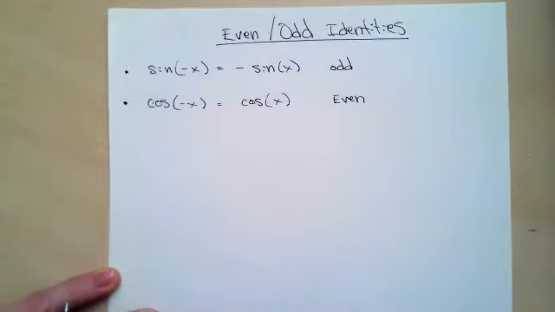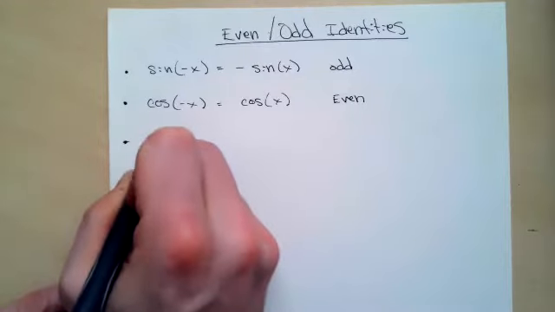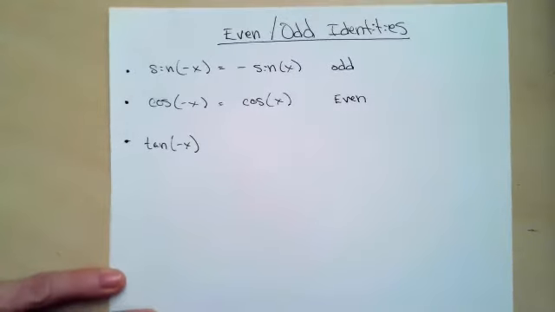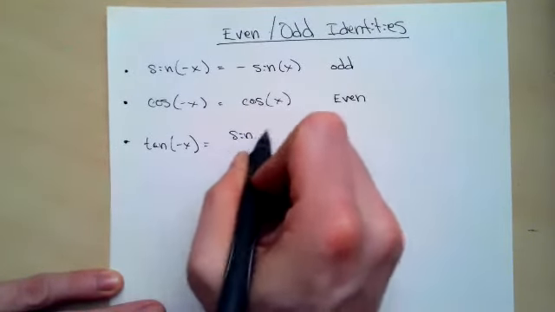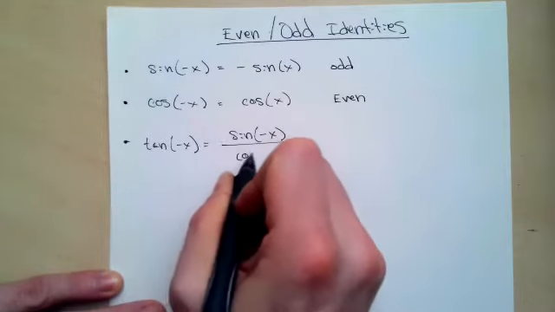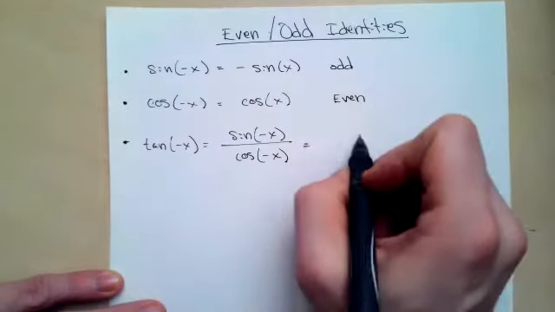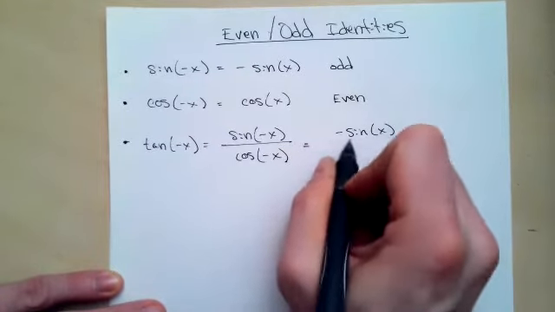And then from those two, we can actually derive the rest. So what is tangent? How do I check with tangent if it's even or odd? We stick in a minus x for the argument and then see if we can simplify it. So tangent we can write in terms of sine and cosine. And now because sine is odd, I can simplify the numerator to minus sine of x.